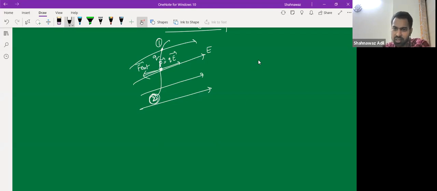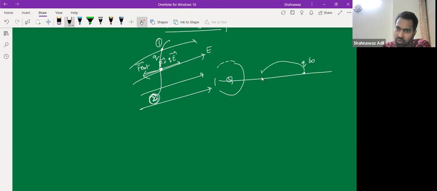Because, as you have learned in your potential chapter, let's say you have this source charge, and it has some influence. And you have this Q charge, which is at infinity. So you are bringing this charge from here to here. Let's say this is point P. And this Q charge is experiencing some force in this direction. And this is how much?